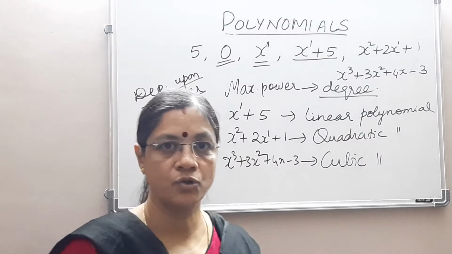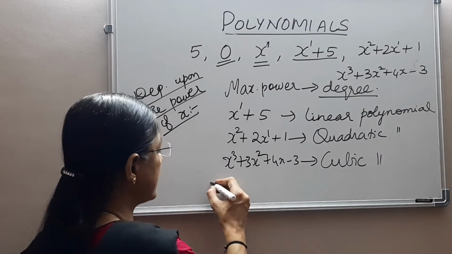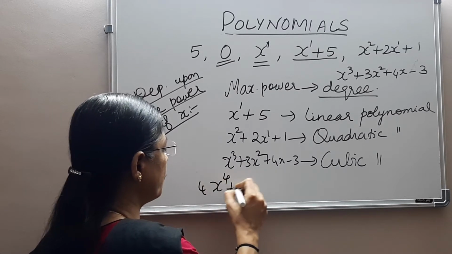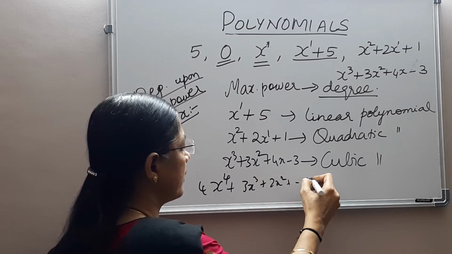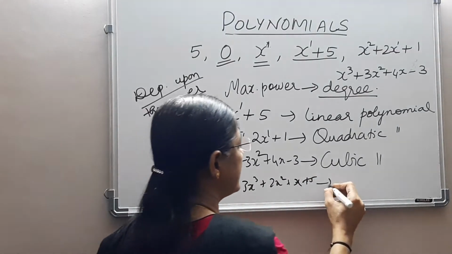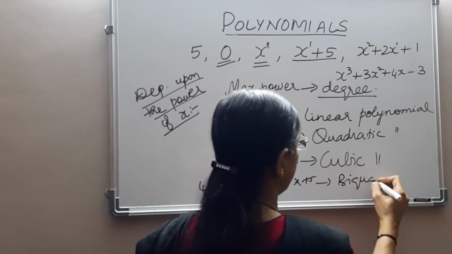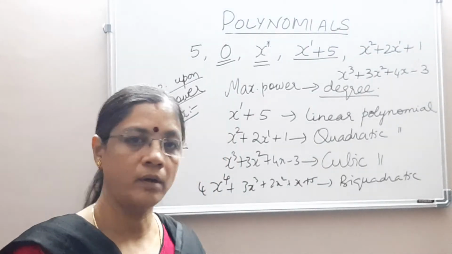Do you understand? And if it has x power 4, like 4x power 4 plus 3x cube plus 2x squared and so on plus 5, then we call it biquadratic, or generally it's called a polynomial. More than 3 or 4, it is called a polynomial.